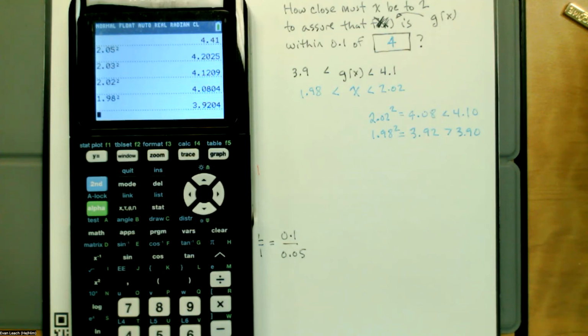If you chose delta equals 0.01, that would also be fine. For a tolerance of 0.1, a delta of 0.01 will also get us within tolerance. So if I did 1.99 squared, that's closer to 4 than 3.9. And if I did 2.01 squared, that's also within tolerance.